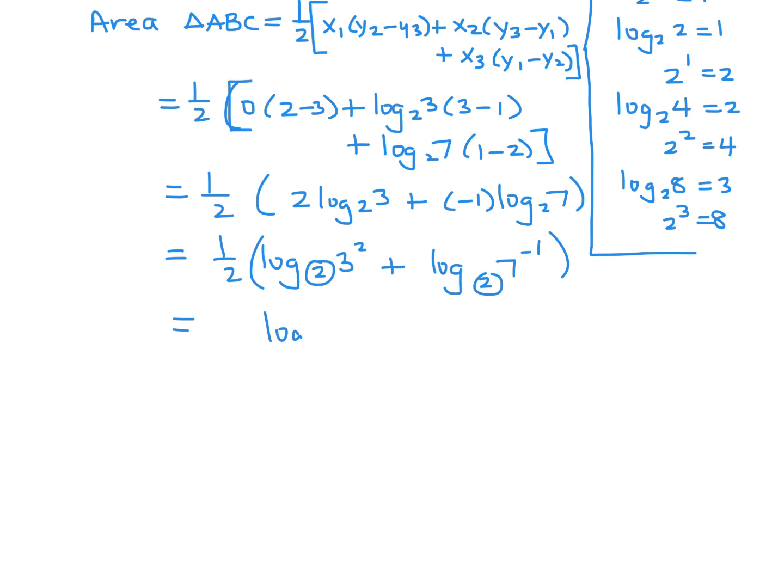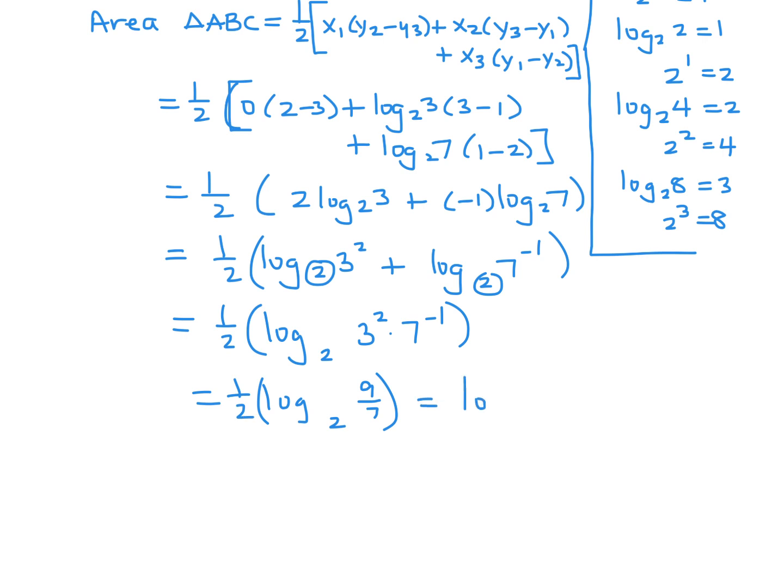So it'll be the log of 3 squared times 7 to the negative 1 to the base 2, all with a half out front. And then this is 9 over 7 to the base 2. And using log rules again, the half just comes out as an exponent.